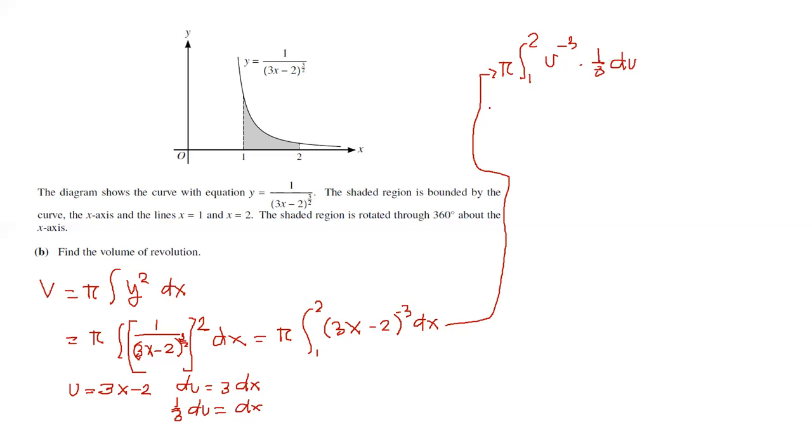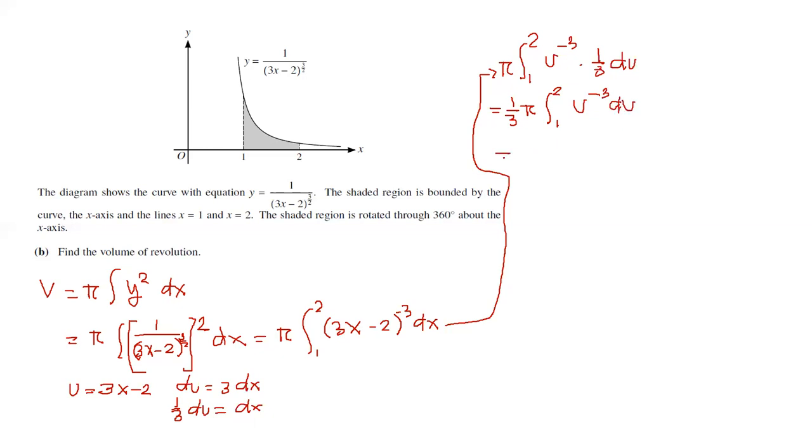Okay, or it becomes 1/3 pi integration 1 to 2 of u to the power negative 3 du.